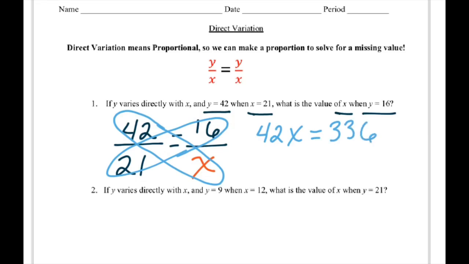So now we are just solving an equation like we've been doing for the last 3 weeks. To solve for x, I need to divide by 42 and divide by 42. So my answer is 336 divided by 42 is the number x equals 8. Very easy. So go ahead and try the same setup for number 2.